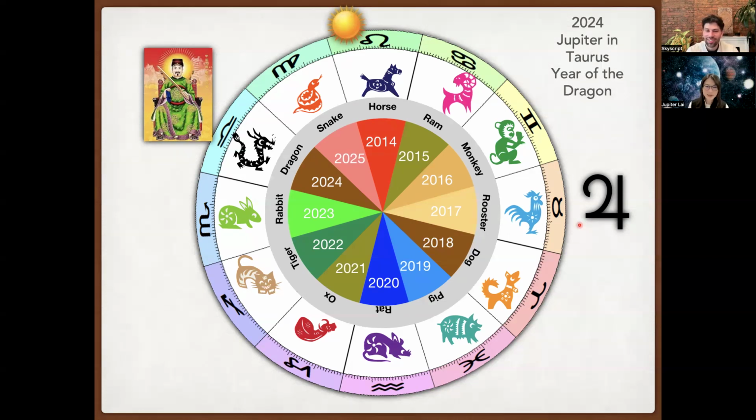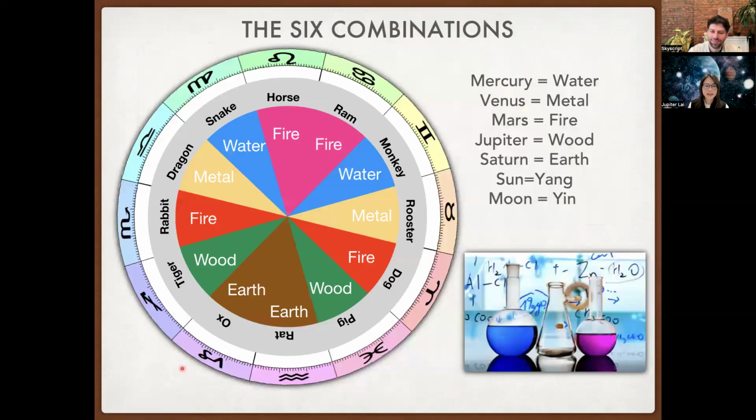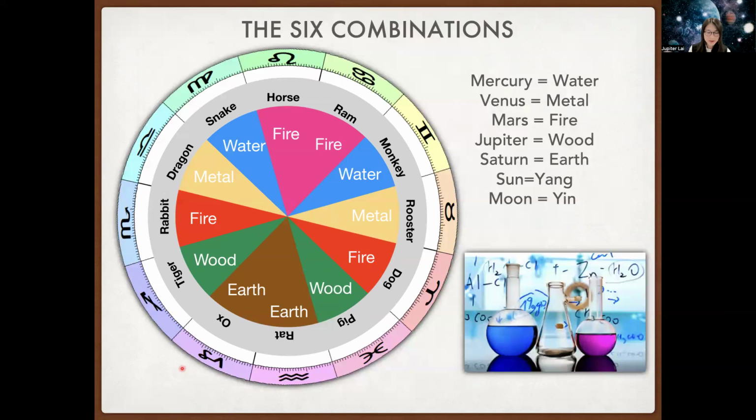Right. When I discovered that, it was really amazing because I saw more relation between the two zodiacs, the two systems, than I had ever imagined. And here we go. In Chinese astrology, we have 12 earthly branches, and there is some chemistry here.